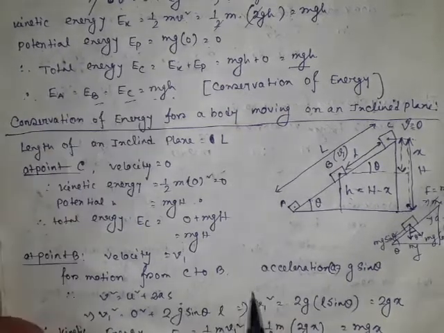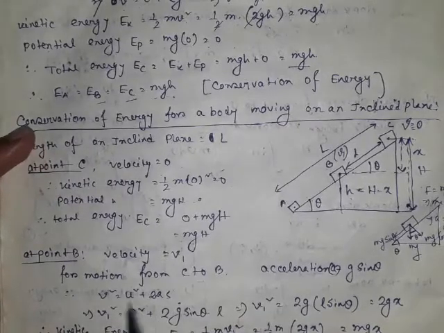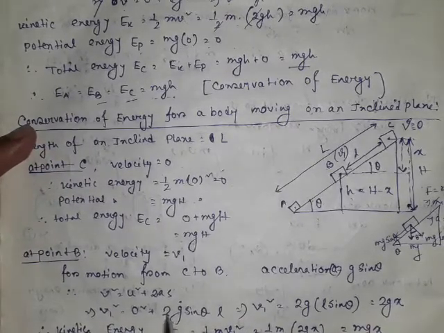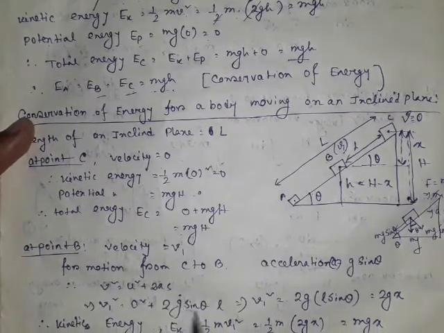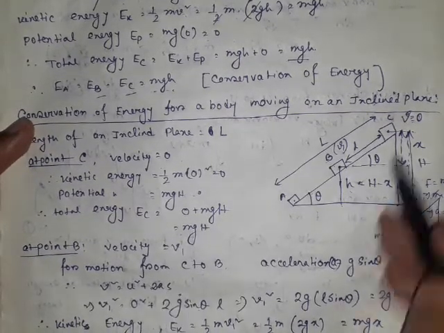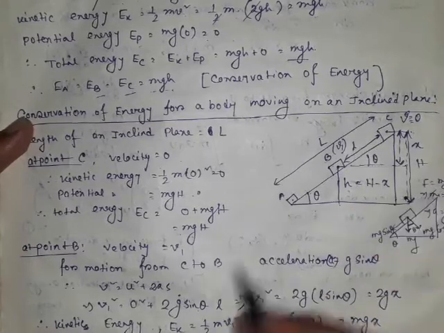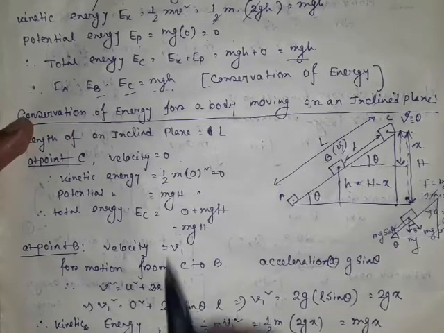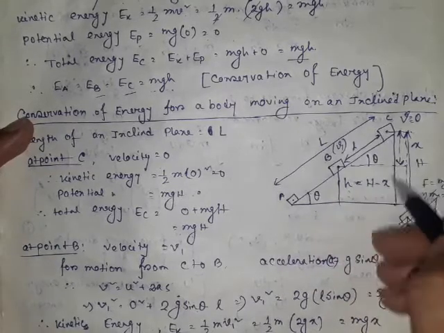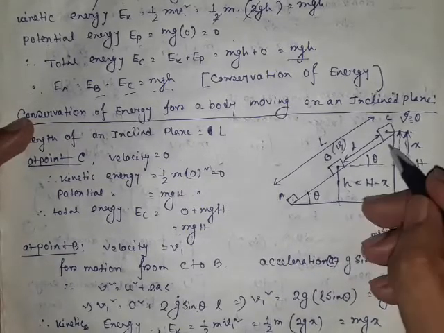Now just put here v1 square equals 0 square plus 2 times a, where you put g sin theta, and your displacement s is L. So v1 square equals 2g into L sin theta. Now for this triangle, find the L sin theta.